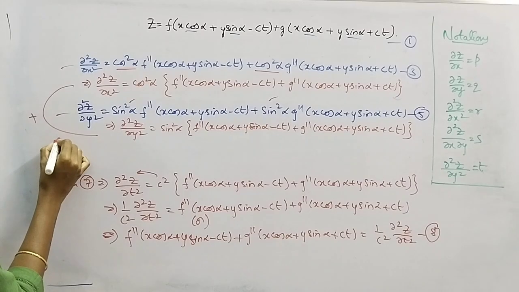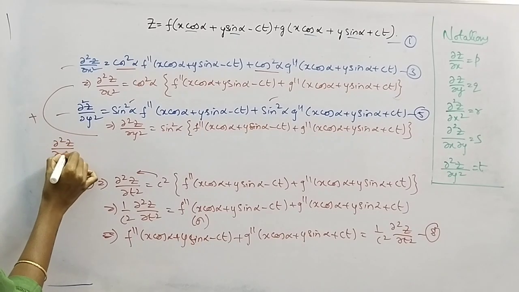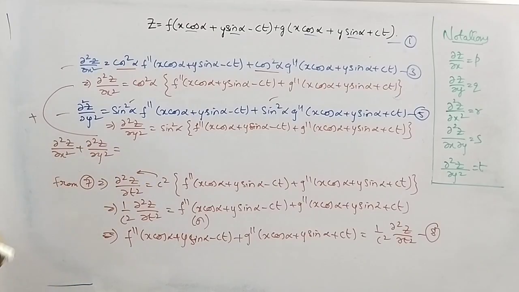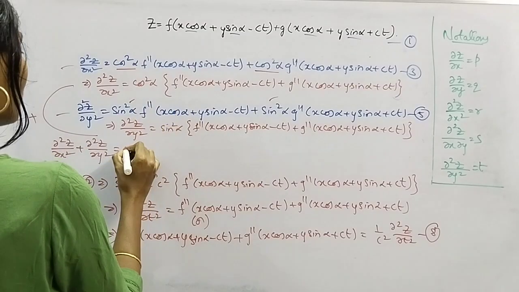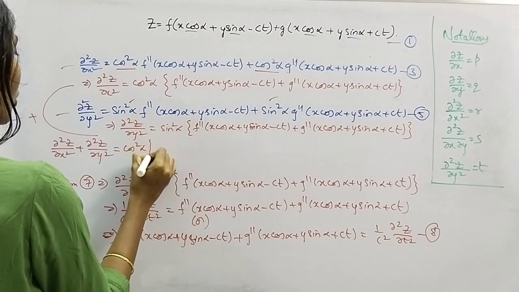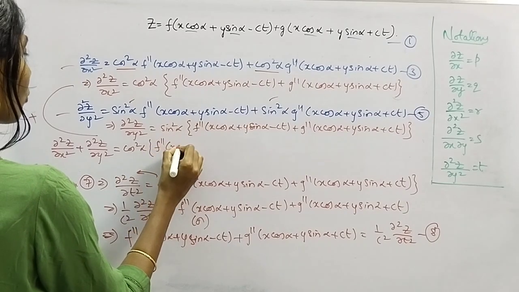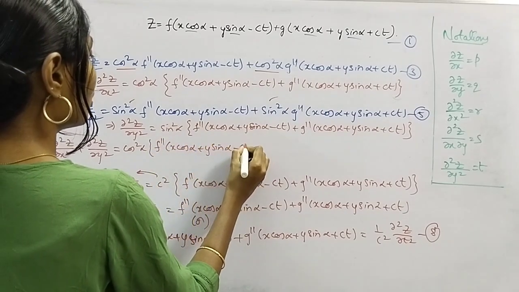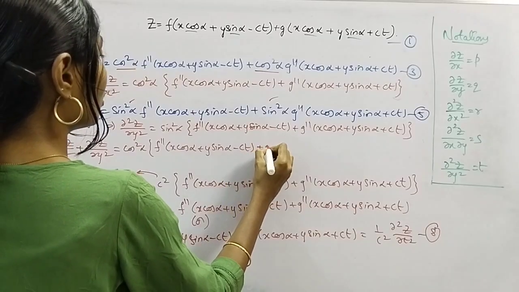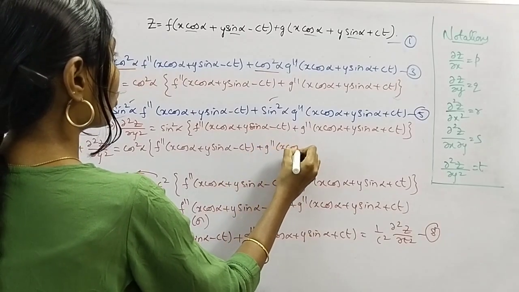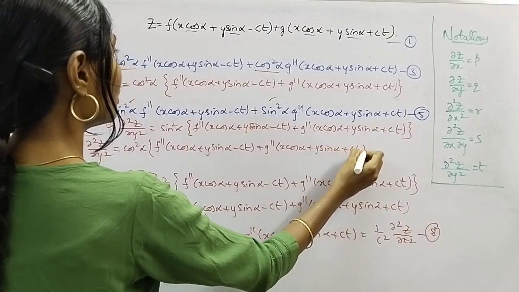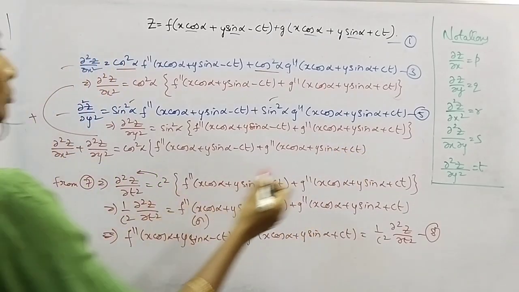Then you'll get dou square z by dou x square plus dou square z by dou y square equal to cos square alpha of f double dash of x cos alpha plus y sin alpha minus ct plus g double dash of x cos alpha plus y sin alpha plus ct, right?